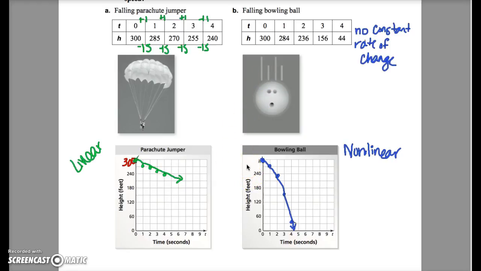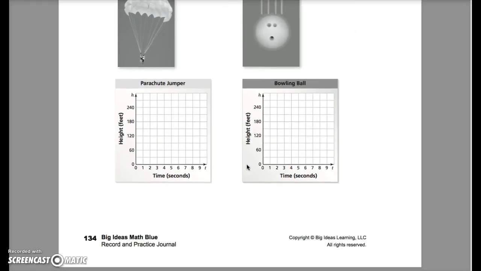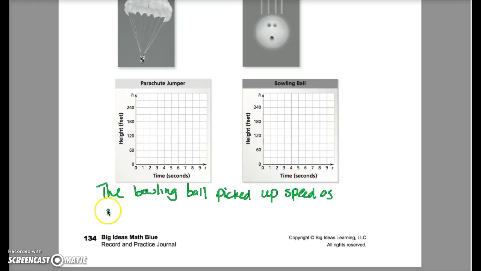So, kind of down here at the bottom, we're going to answer that third bullet point. So we'll say the bowling ball picked up speed as it fell because of gravity.